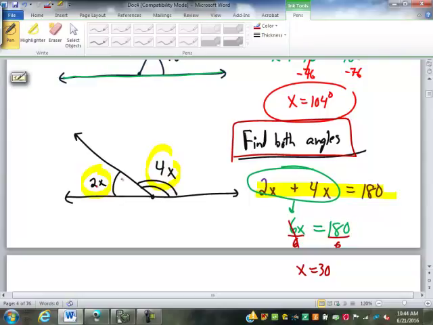So this angle is 2x. That's 2 times 30, which is 60 degrees. This one is 4x. So 4 times 30, which is 120 degrees. Now I can double check. Do they add up to 180? Yes, they do. So they make sense.